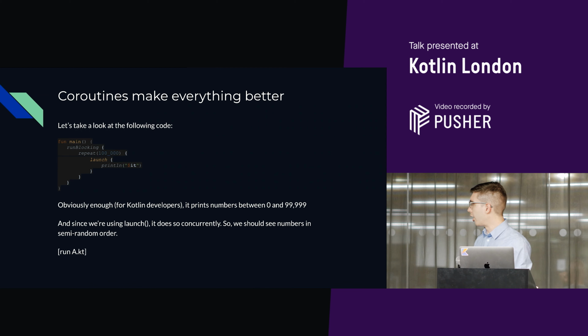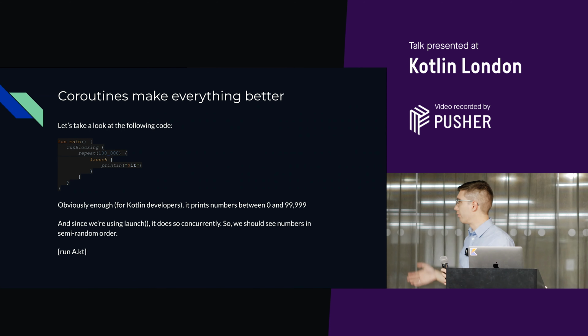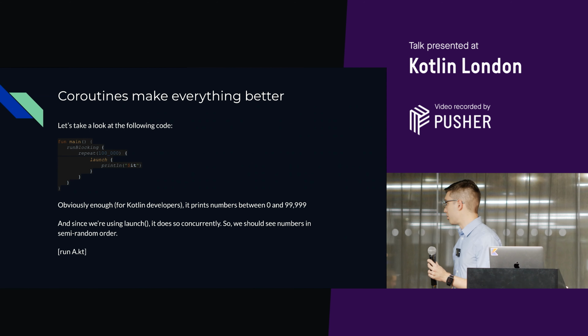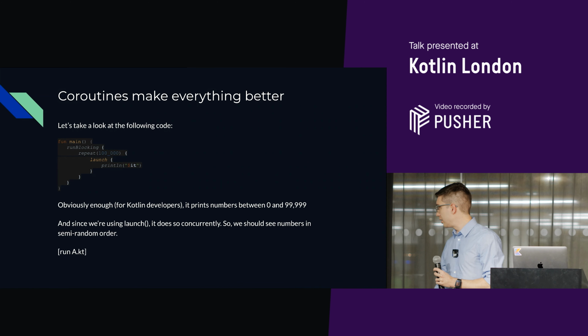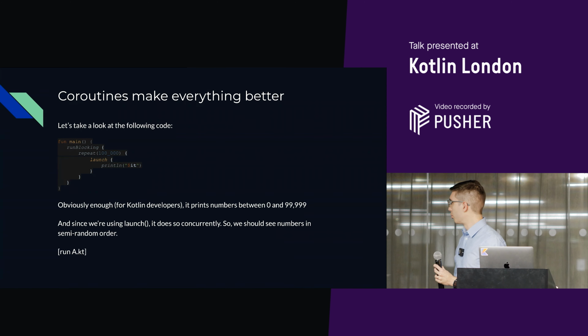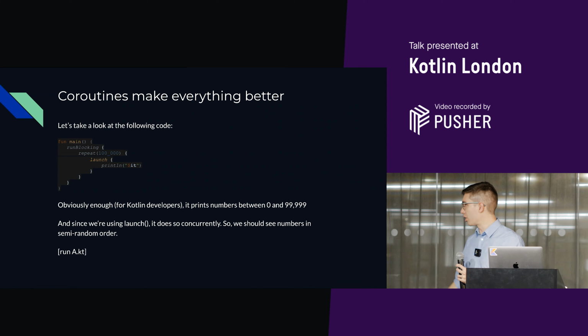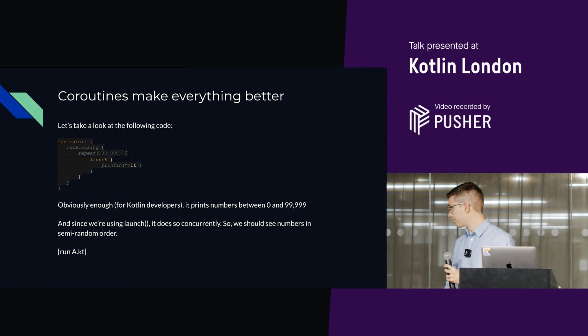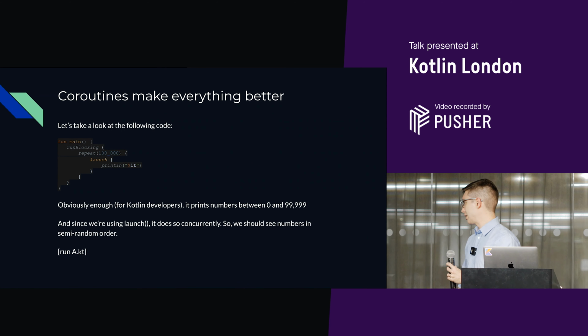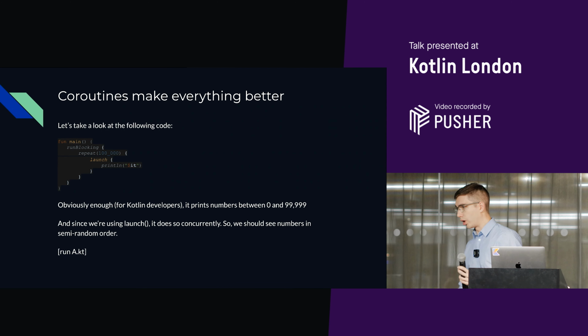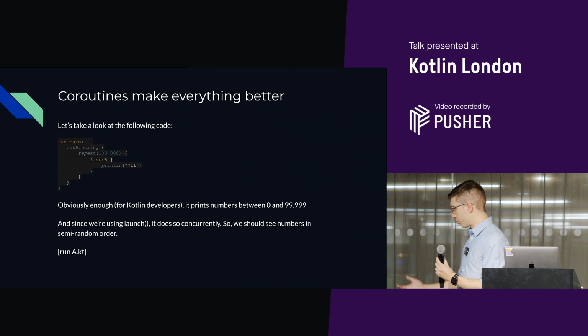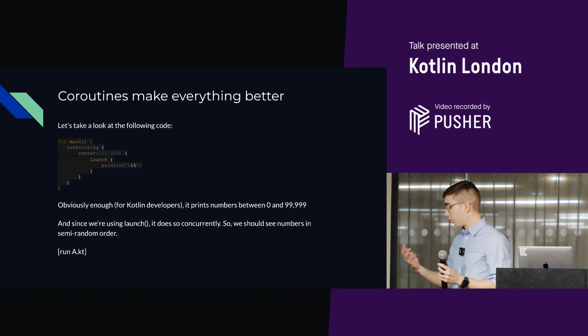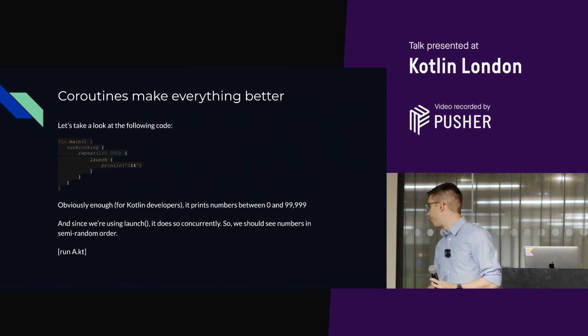We launch it in a main function. We have runBlocking, so it won't exit early, and for other reasons. Then we generate 100,000 numbers, and for each number we launch a coroutine. And since coroutines, as you know, are concurrent, we'll see those numbers in random order, semi-random.